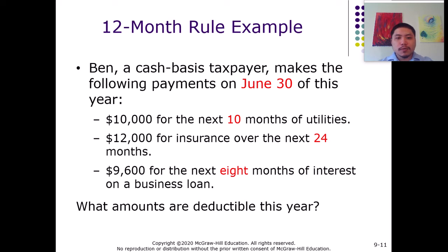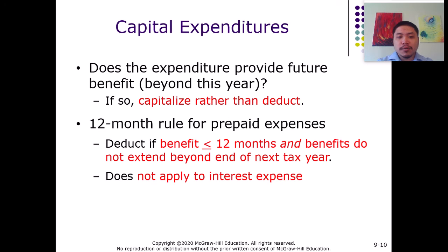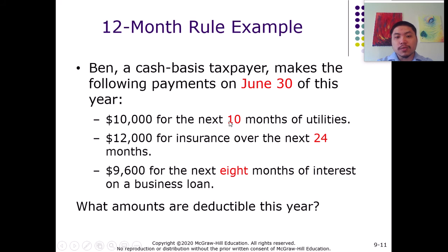Just by eyeballing the items Ben is paying, we know the 12-month rule only applies to the first two items, because the 12-month rule does not apply to the interest expense.